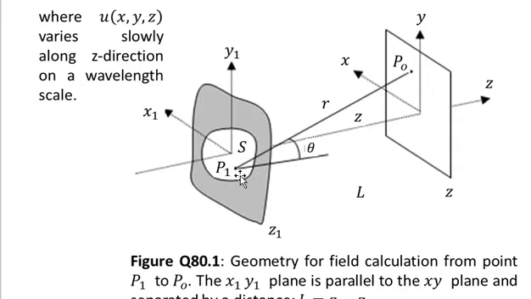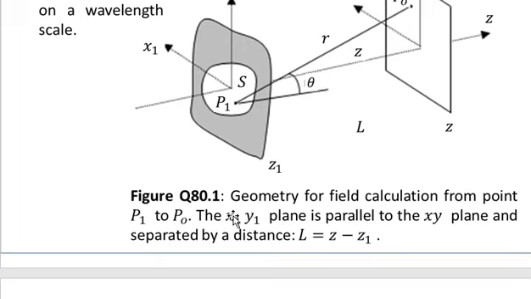The wave is incident on this area on the input plane, and from the input plane we want to calculate the contribution from the point P1 to the point P0, and then we shall calculate the total contribution over the surface capital S at the point of observation P0.